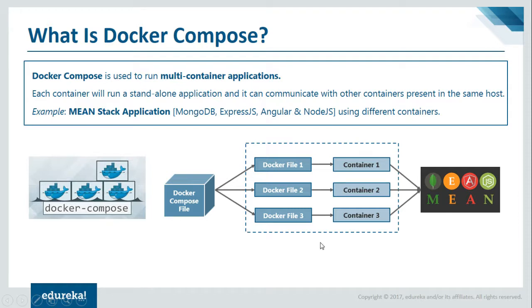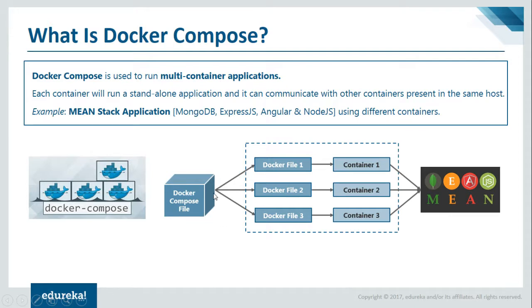And the fun part comes here. Since there are three different containers, you have to get them to interact with one another. The interaction between them and hosting them together is done by this Docker Compose file. The Docker Compose file is basically a YAML file, and here we specify rules like the location where my Dockerfile is present.